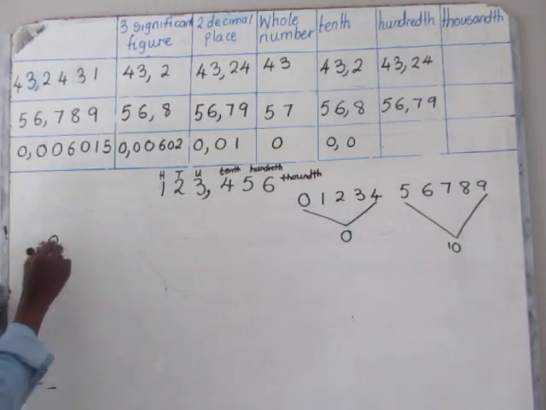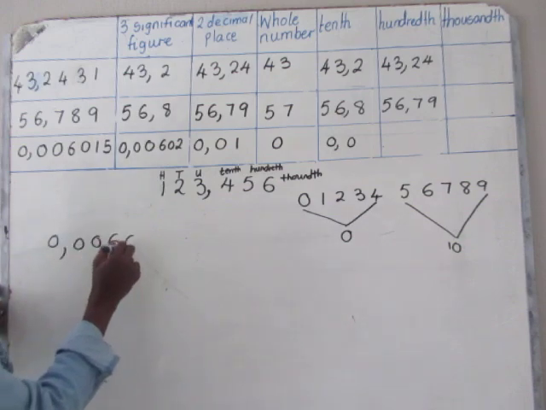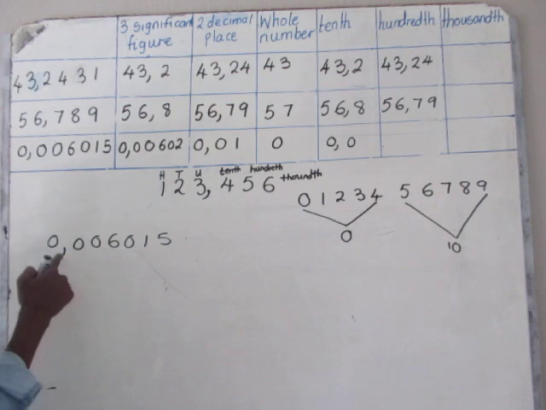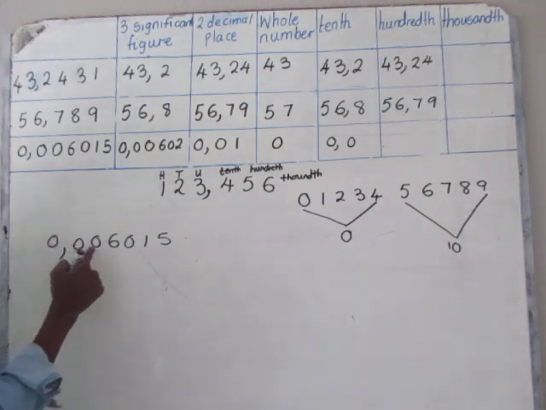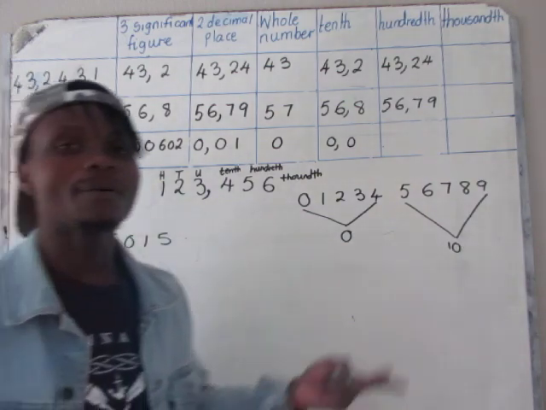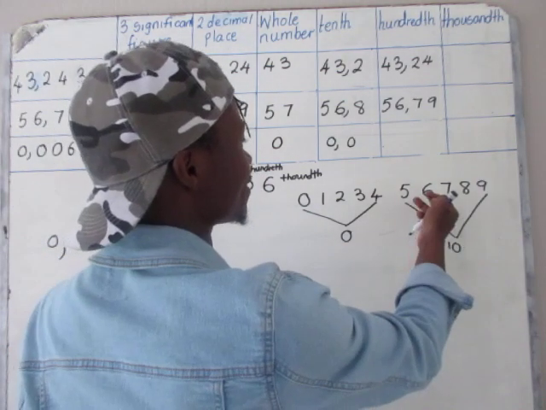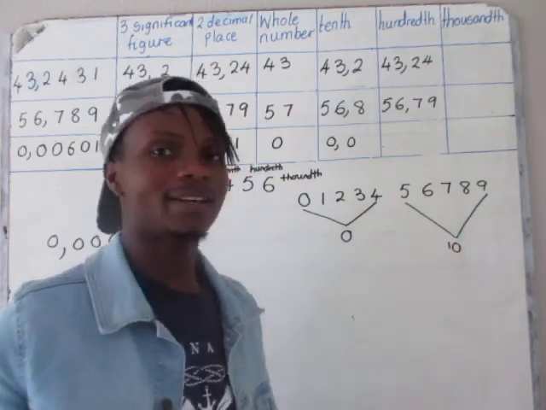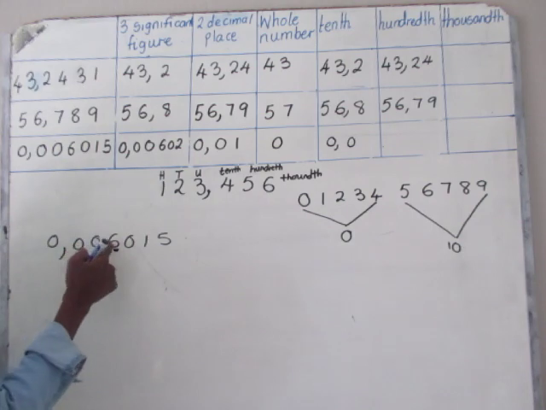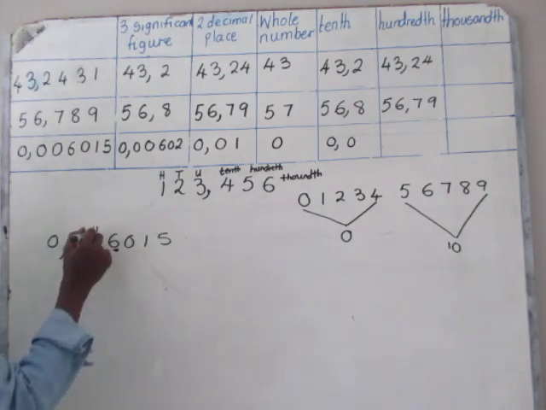Rounding 0.006015 to the nearest hundredth. So this is my comma, this is my tenth, this is my hundredth. So I look at this guy, which is 6. Do you round up or down? We know that 6 rounds up to 10. So what do we do? Plus 1. So since 6 rounds up, plus 1.